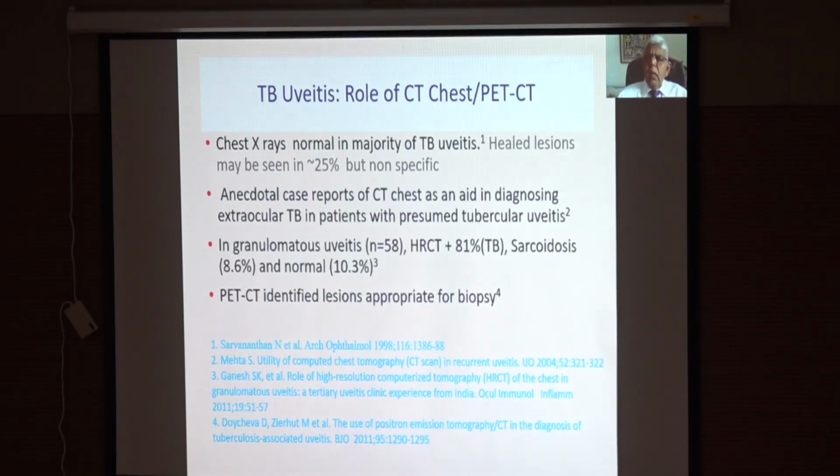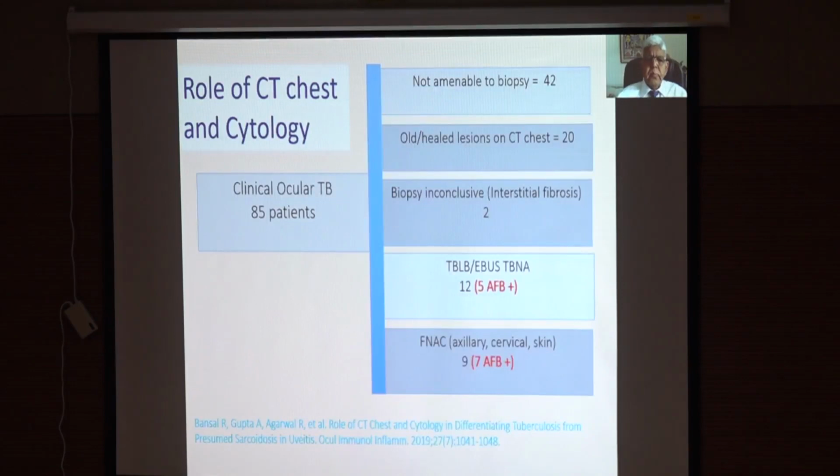In the past, there have been a few studies where they have shown a very expensive test in the form of PET scan, PET CT, which might identify lesions for biopsy and show that the patient does have TB infection.